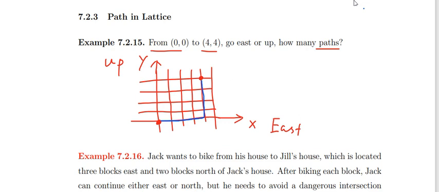Or could it be this way? Go up, then go east, go up, then east, then go up, then east, right? So the question is, how many paths?